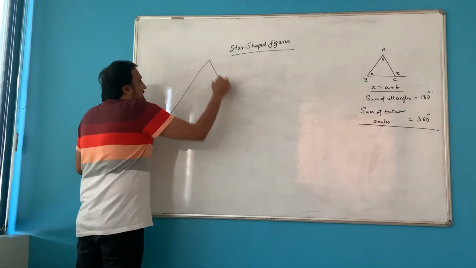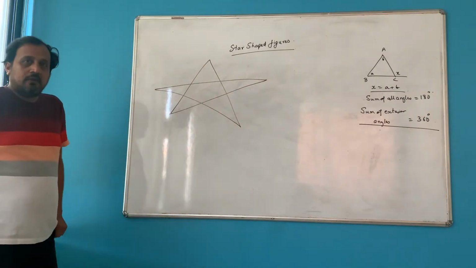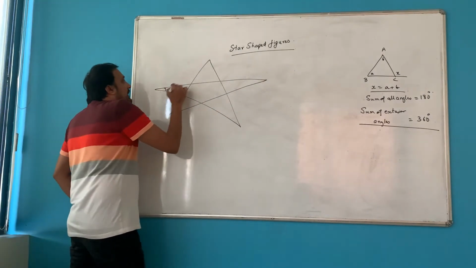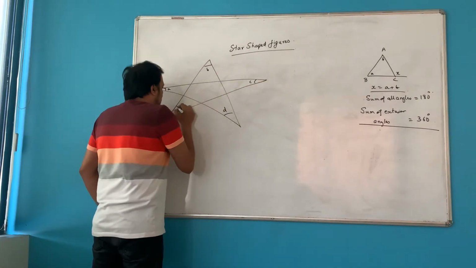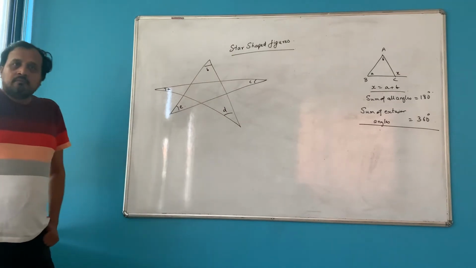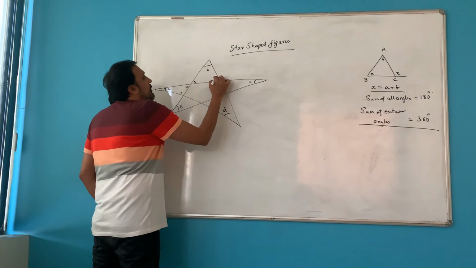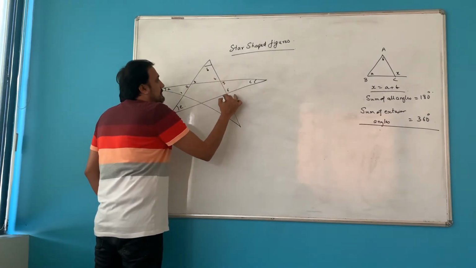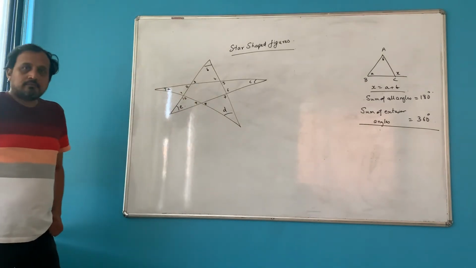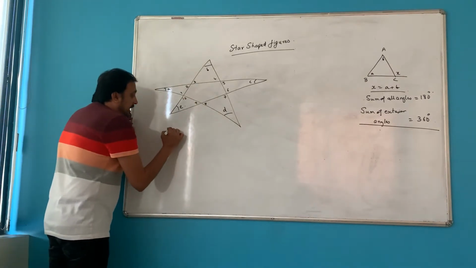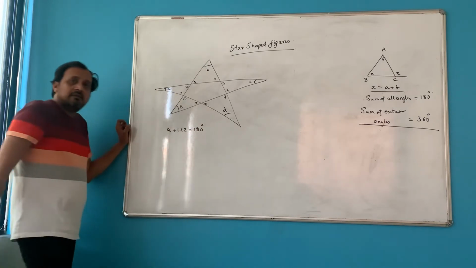So again, let's start off with your 5-star figure. Let's look at your angles. These are what you want to find out. Let's also number a few more angles. Now, if we check, angle A plus 1 plus 2 would be equal to 180 degrees.